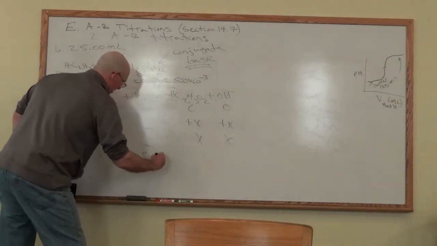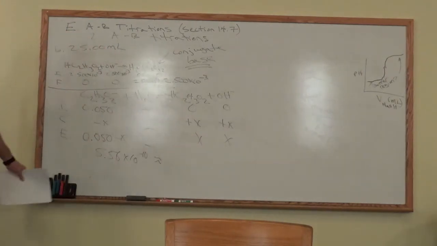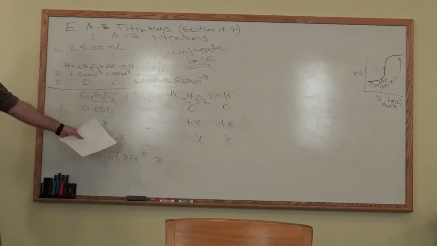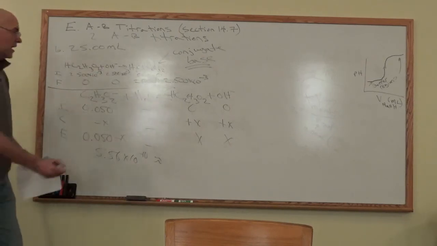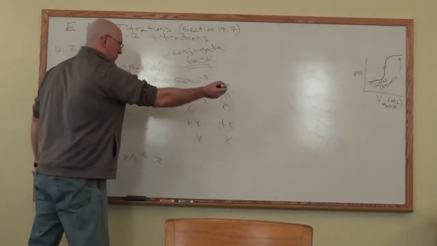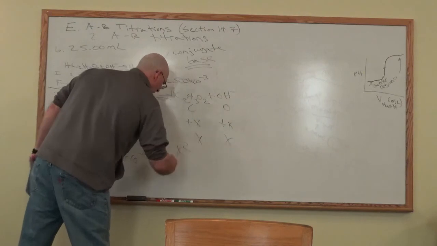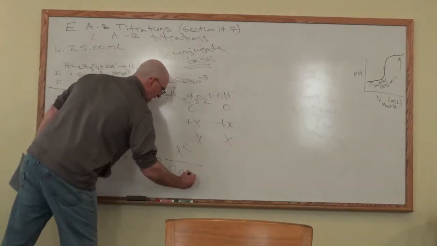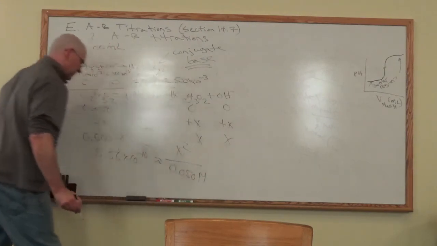And that will give us immediately, that 5% rule better work. If it worked for 10 to the minus 5 before, it better work for 10 to the minus 10 now. And it's going to be approximately equal to x times x. We don't have anything on both sides like before. So this is x squared over 0.050 molarity.